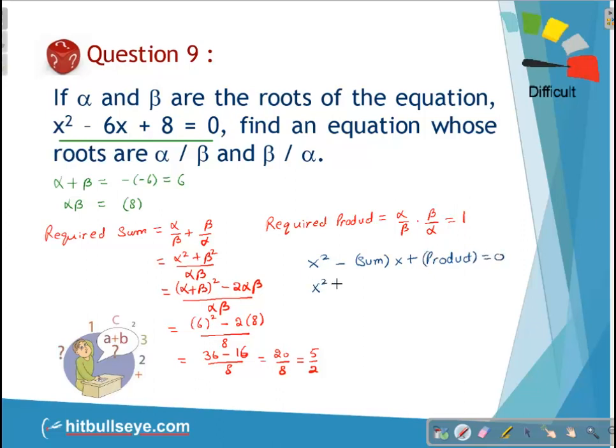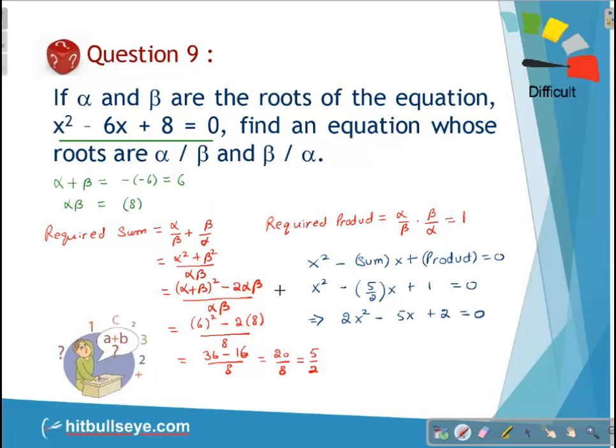Substitute the values of sum and product as 5 by 2 and 1, and the required equation becomes 2x square minus 5x plus 2 equals to 0.